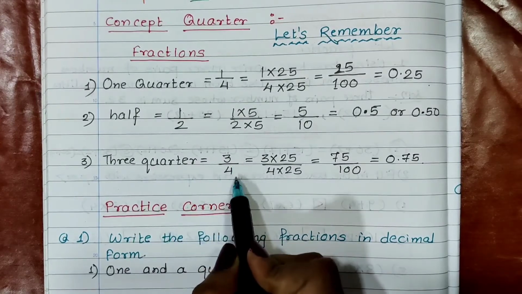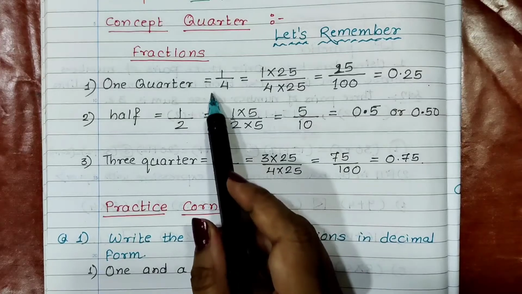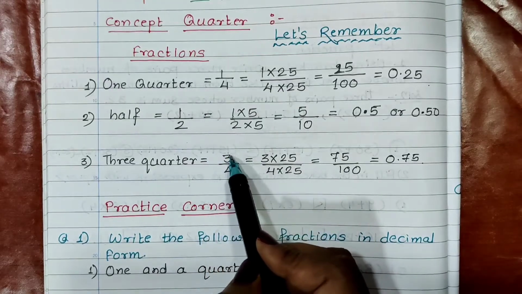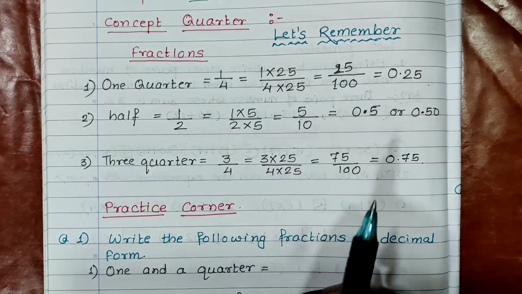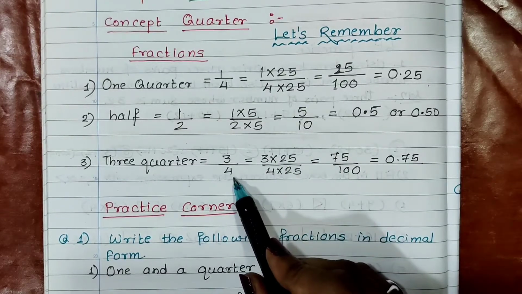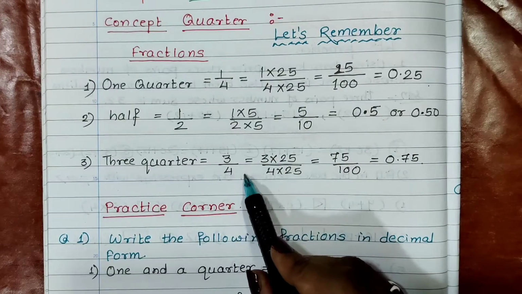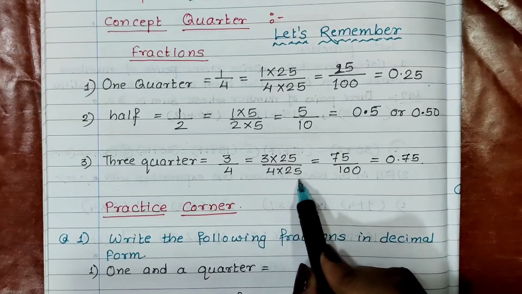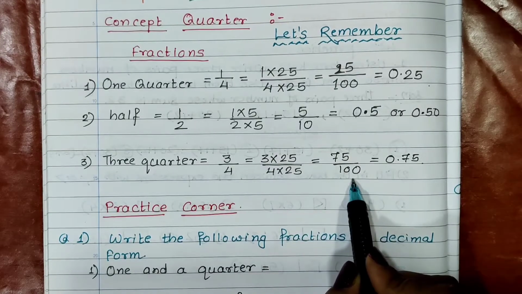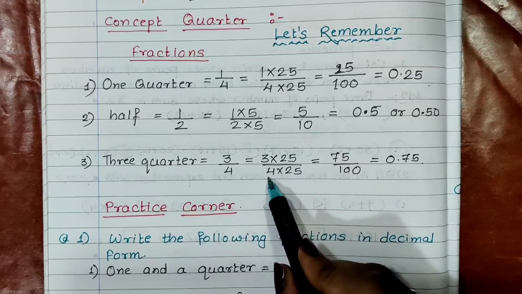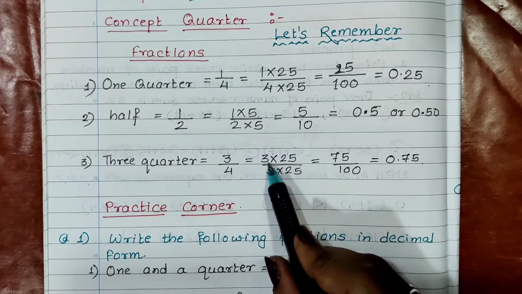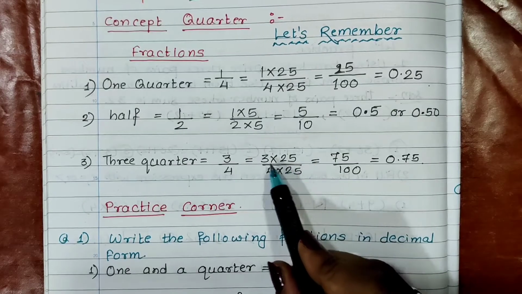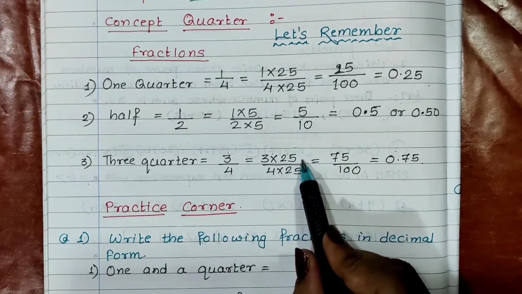3/4 means three-fourths. 1/4 means one-fourth and 3/4 means three-fourths. Again we can convert this simple fraction into a decimal fraction. If you multiply 4 by 25, you get 100 in the denominator. As we are multiplying 4 by 25, we have to multiply 3 also by 25. We have to multiply the numerator also by 25.